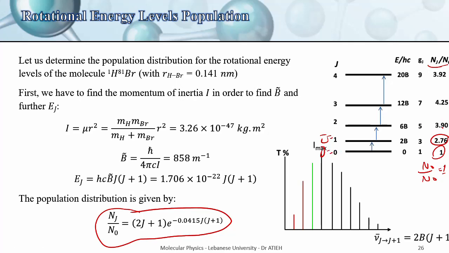Now for J equals 2, the population is higher, and for J equals 3, the population is even higher, and then for J equals 4, the population starts to decrease. So as you can see, we have a maximum, and then the function starts to decrease again.